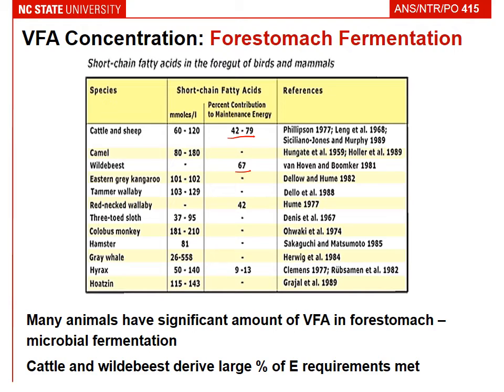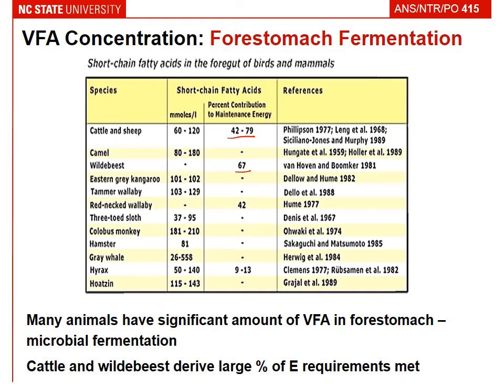Here we have our cattle and sheep, and they're going to range between 42 and 79%. Our cattle are going to be more in the 65 to 75%. If we look at our wildebeest, it was found that about 67% of the energy requirement is met through the volatile fatty acids.